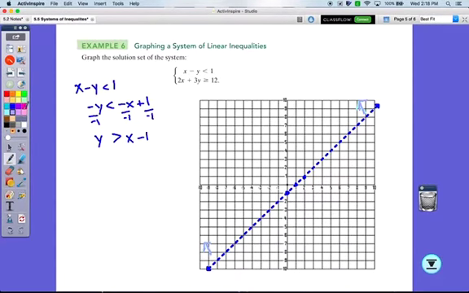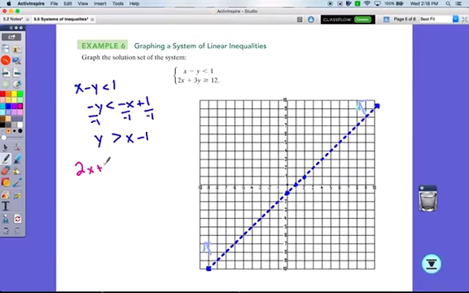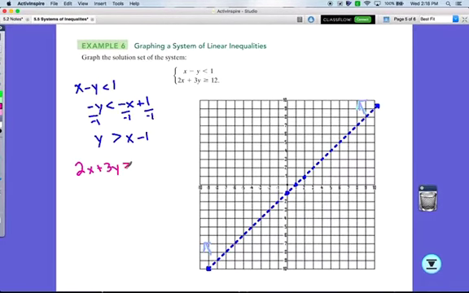Now I'm going to do the second inequality, 2x plus 3y is greater than or equal to 12. I solve that for y. I subtract the 2x, so I get 3y is greater than or equal to negative 2x plus 12. Divide the 3 out.